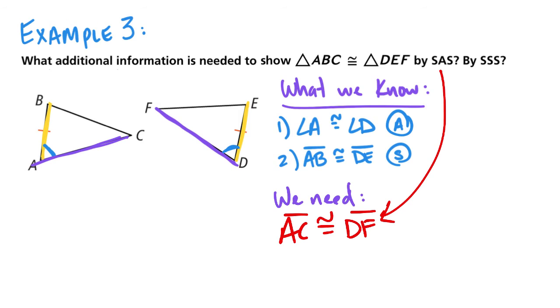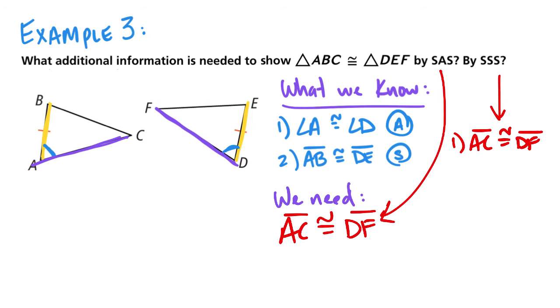Well, what about side, side, side? Well, we clearly see that for side, side, side, we just need every side of one triangle to be congruent to a side on the other triangle. We already have AB congruent to DE. So what we would need for SSS is the other two pairs of sides. So we would include segment AC congruent to DF as part of our answer here.